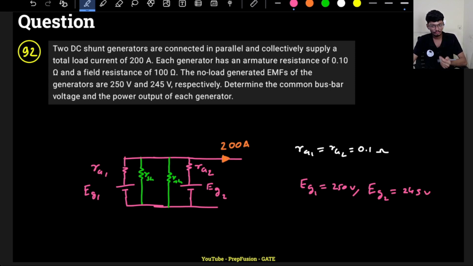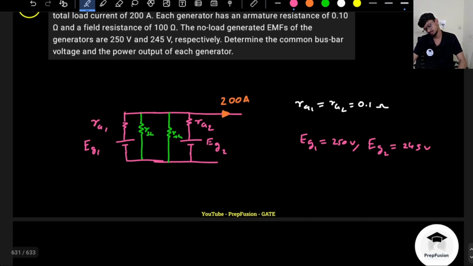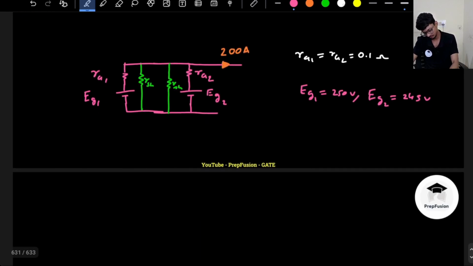Now we can apply KCL. If I apply KCL, the common voltage will be Vt. So let me assume this voltage to be Vt.